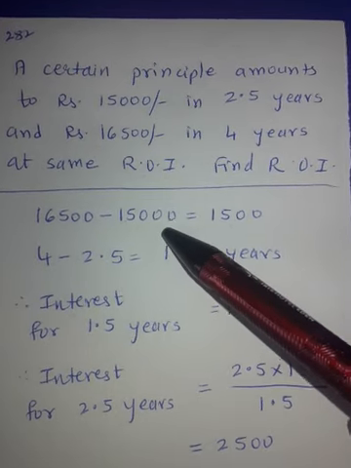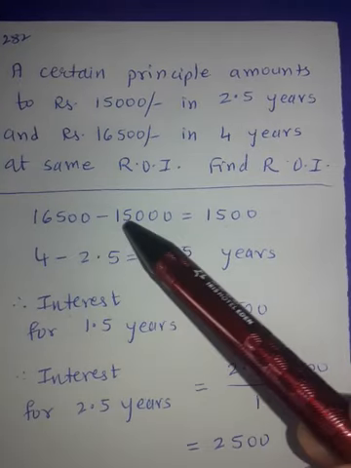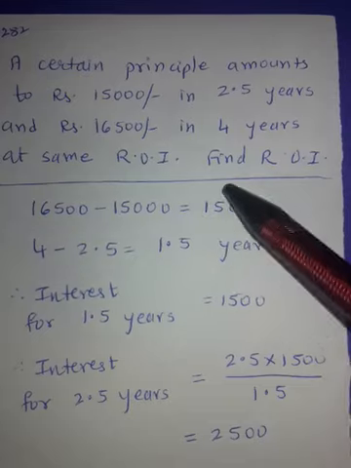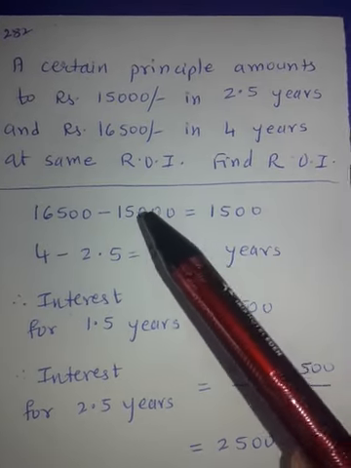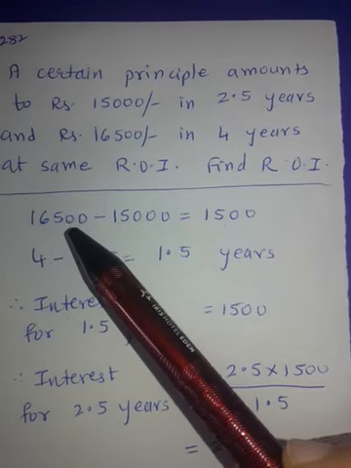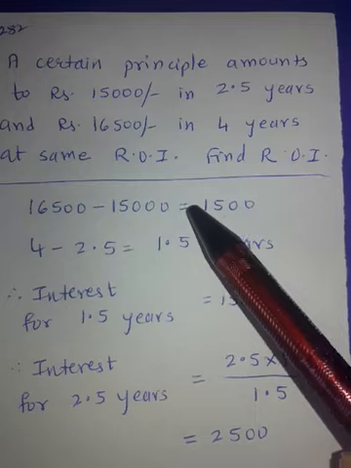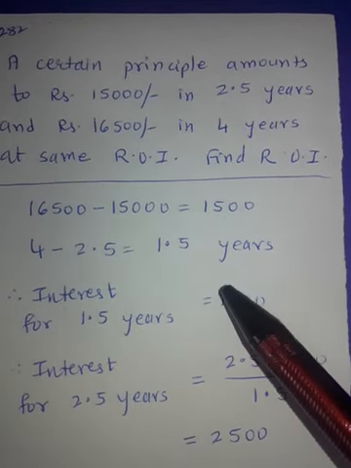If you remember, in part 1 I have explained this. Take the difference between amounts, take the difference between years and relate it. If you have watched part 1, you will immediately understand this. So I have done this subtraction. 16,500 minus 15,000 is 1,500. 4 years minus 2.5 years is 1.5 years.